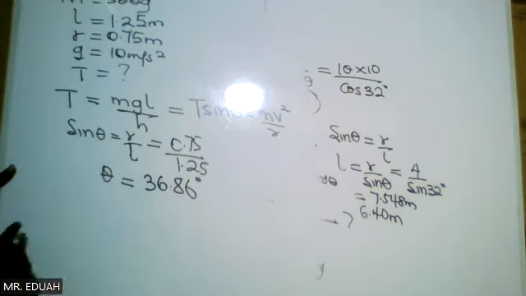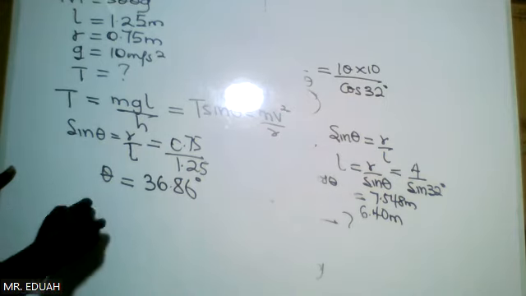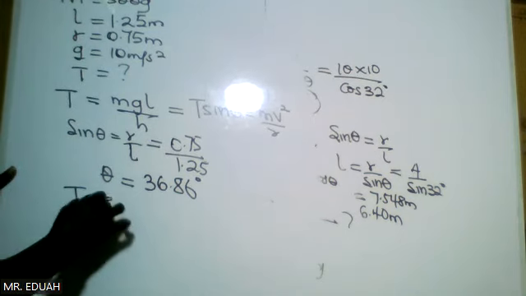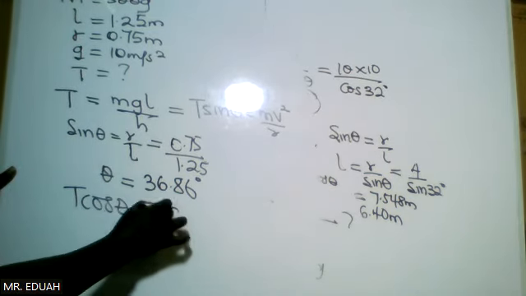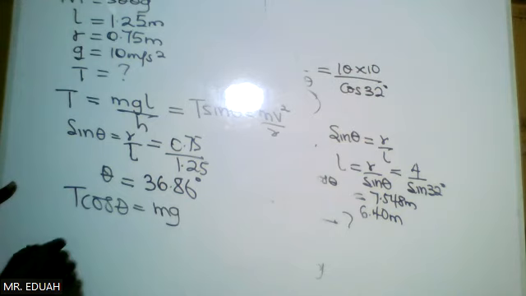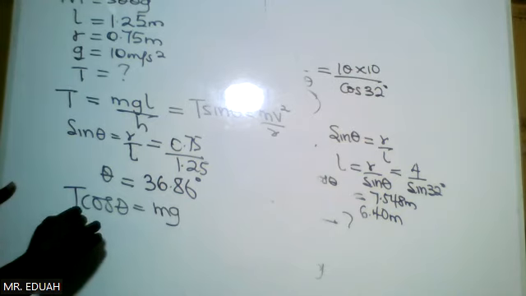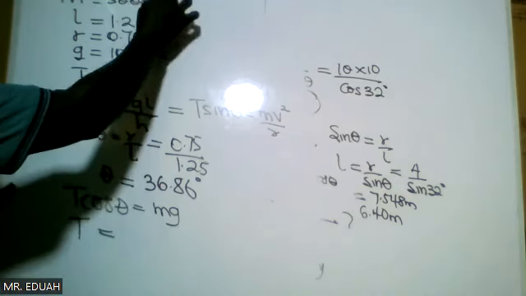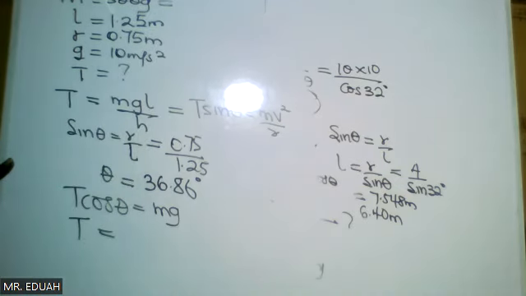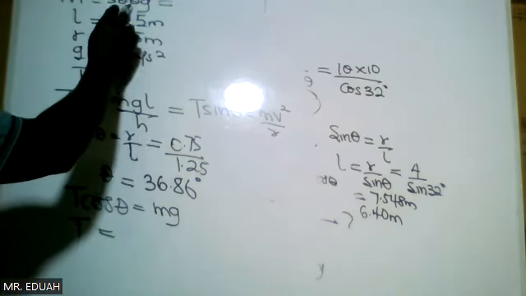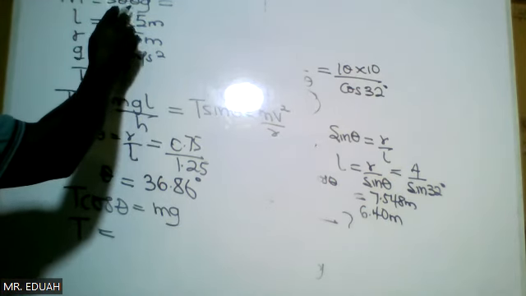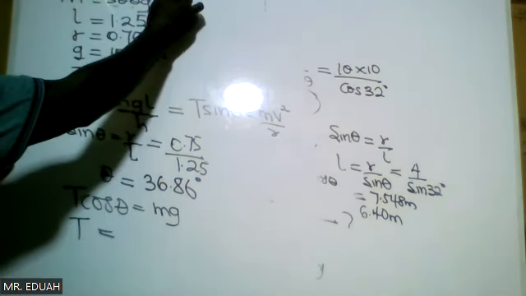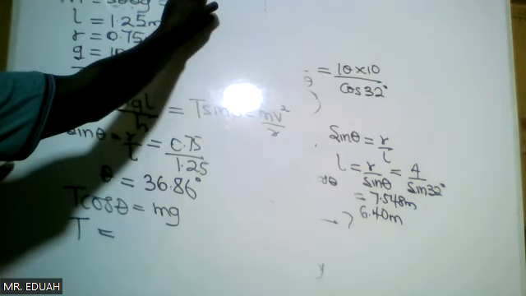Once you have theta, then using T sine theta and T cos theta is equal to mg, we can find T. But you see, the mass is in grams, so you must change it to kilogram by dividing through by 1,000. So this will be 0.5 kg.